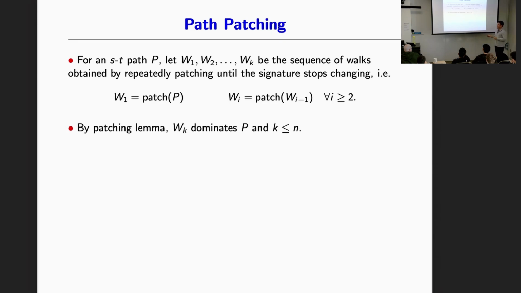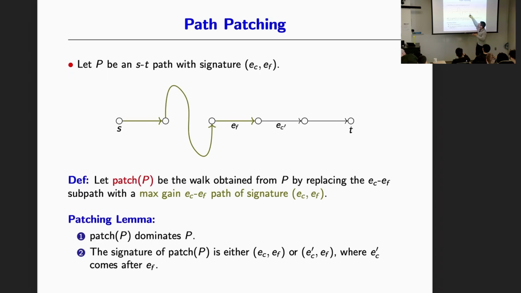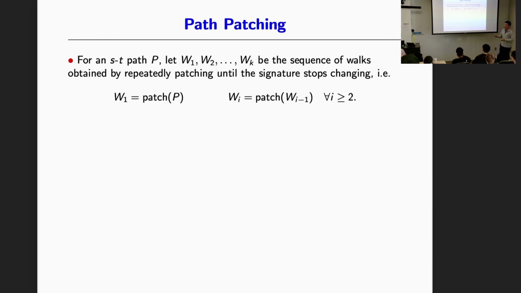By the patching lemma, I know that my final walk dominates the initial starting path. Moreover, I only need to perform at most n patches, because we started with an ST path, and this is a subpath. Each time it jumps forward, so you run out of edges eventually. So you only need to patch at most n times.